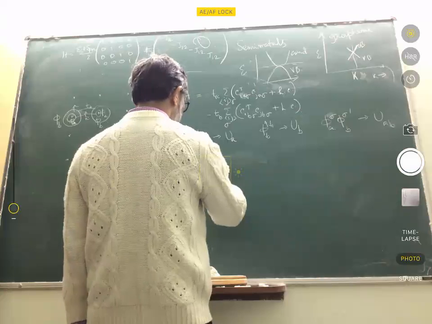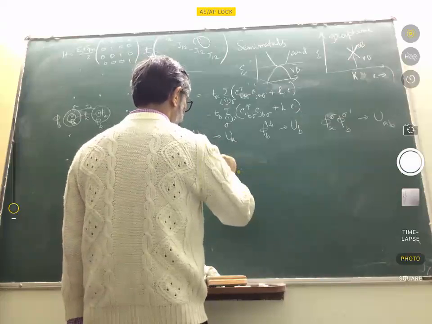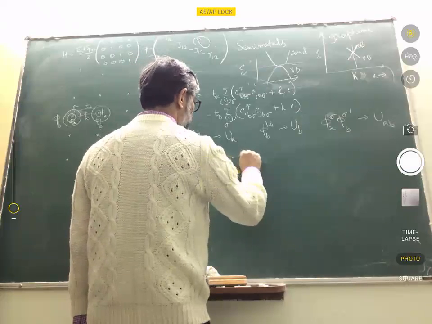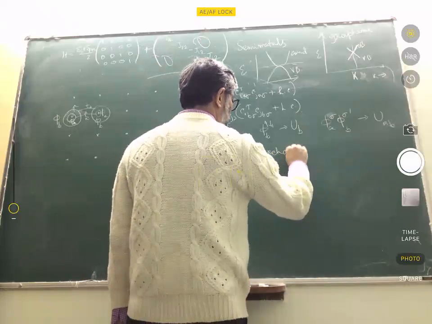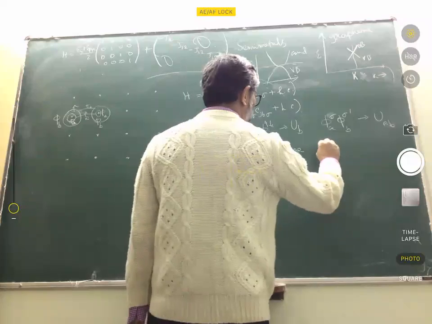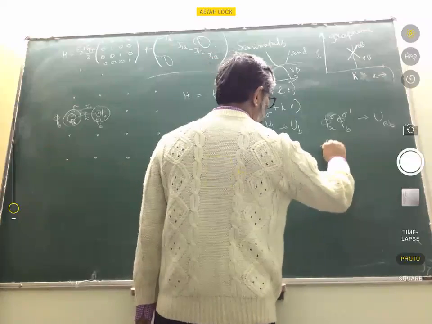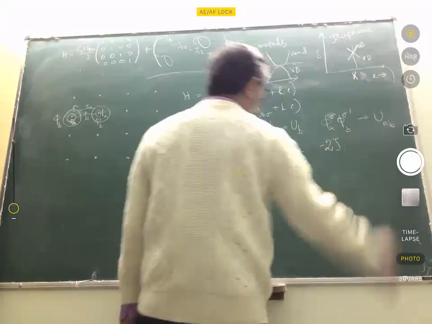We call this intra-site exchange, and we write that as 2J.